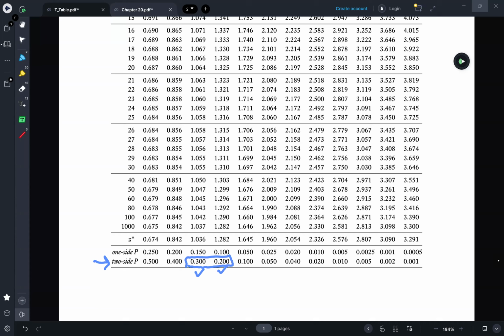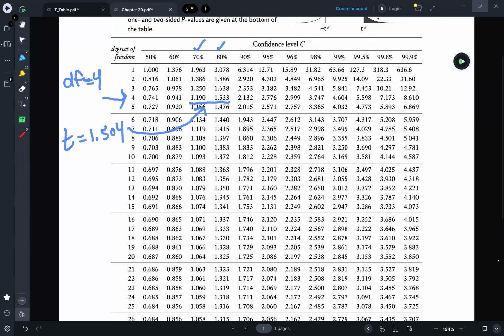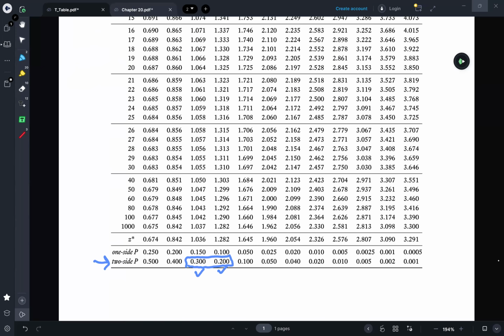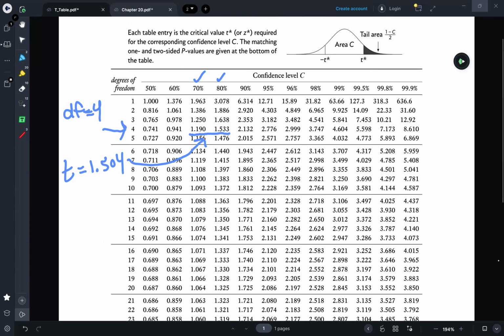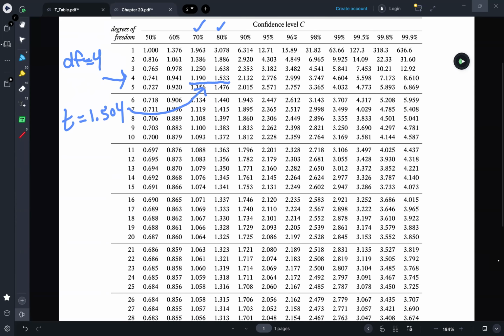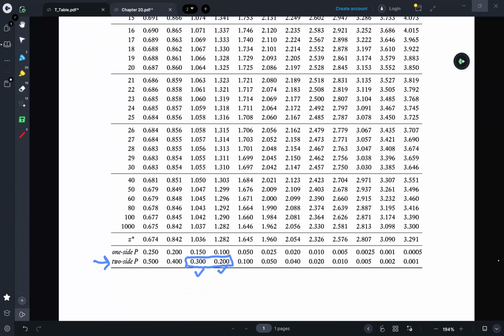The two-sided p-value is 0.2 or 20%. If you add that to 80, you get 100. If the two-sided p-value is 0.3, which is 30%, if you add that to the top of the row, it's 70. It adds up to 100%. So the p-value is between 20 and 30%.